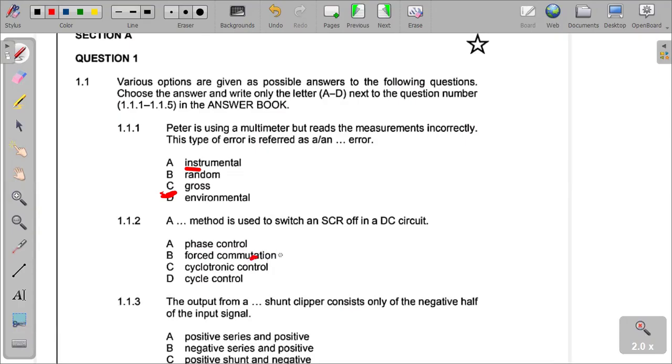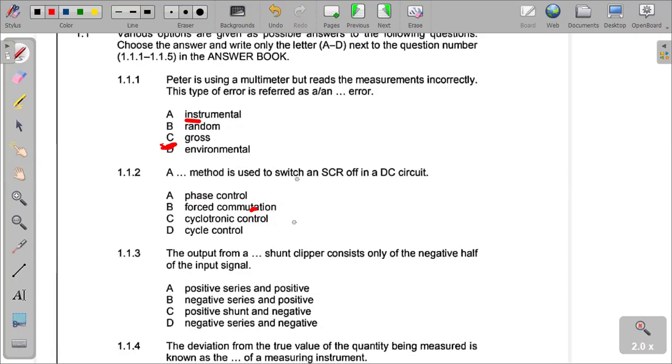By the way, the other 3, phase control, cyclo control and cycle control, are methods of control where the SCR is used as a control. Since it's a high-speed rapid action switch, it is widely used in areas of electronic control, speed control, temperature control, etc.